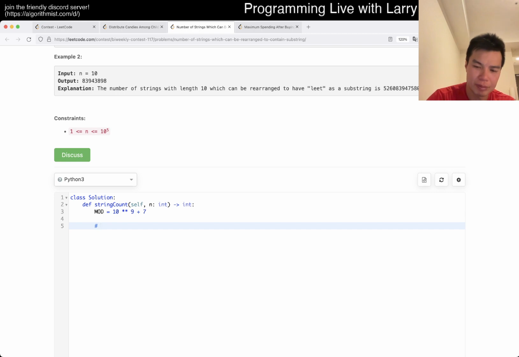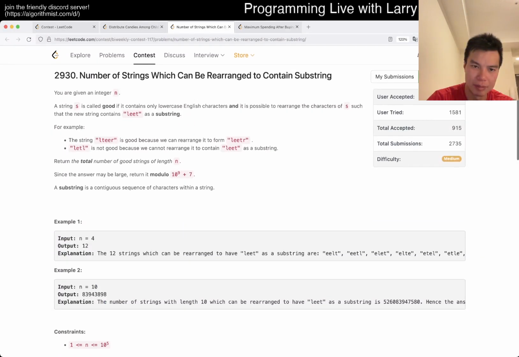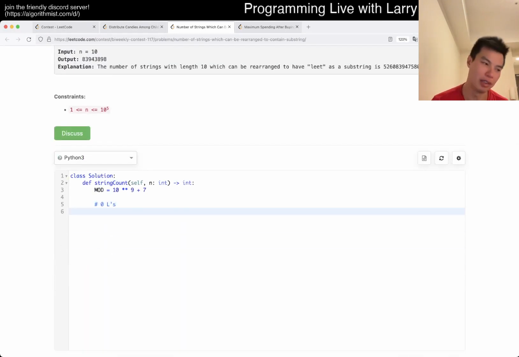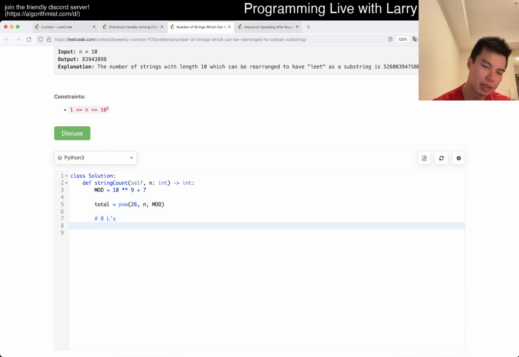All right. 0 L's and 0 T's are going to be the same, but what is 0 L's? Okay, let's see, total is equal to power 26 to n mod. 0 L's is going to be basically power of 25 and mod, type it correctly.